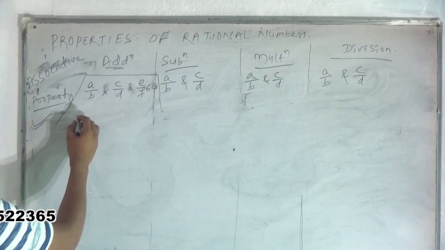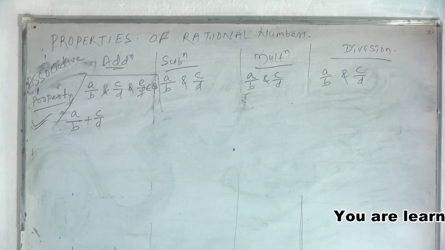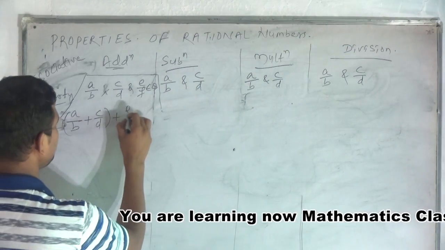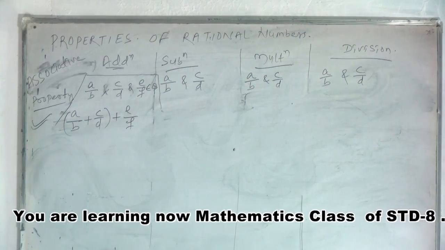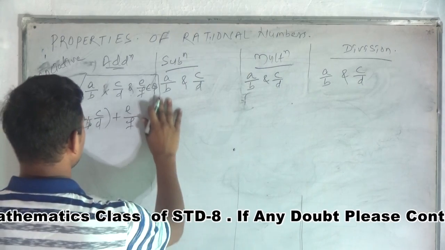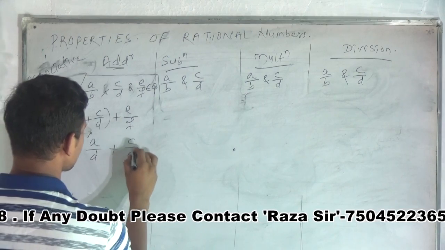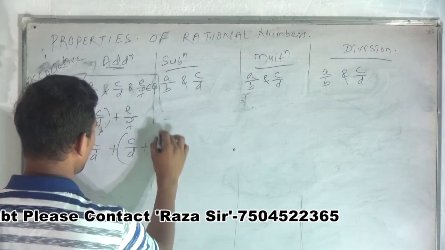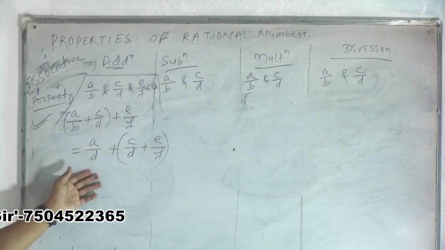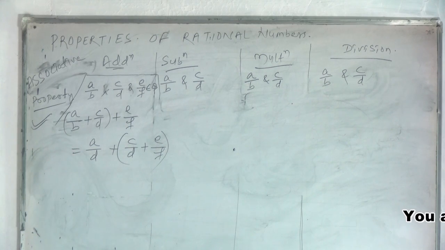In the case of addition, if we add the first two rational numbers and then the third, your answer is also equal to adding the second and third rational numbers first, then adding the first rational number. Your answers are positively equal to each other.